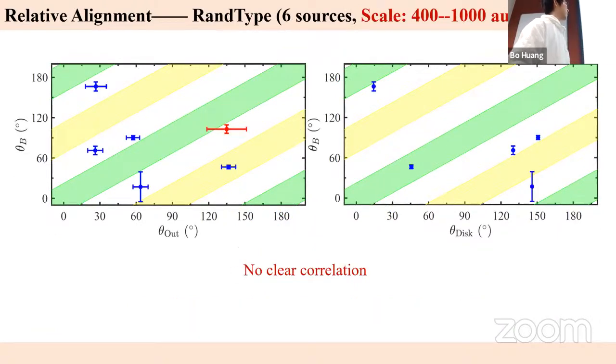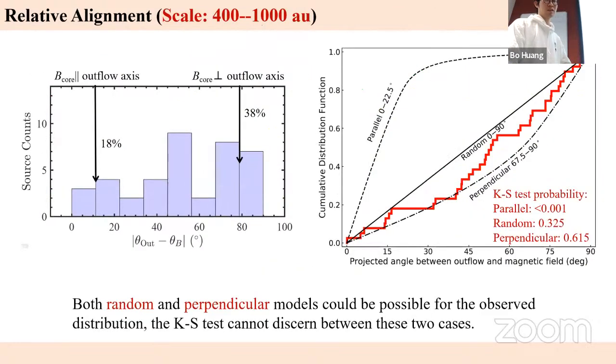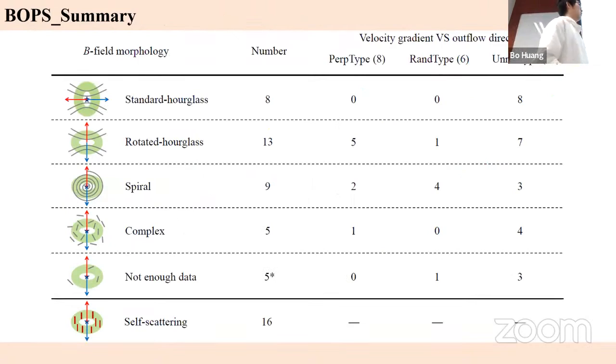But for the RandType, we do not see any correlation. And here the velocity gradient is strong enough, because we have calculated the absolute velocity gradient. In the rotated hourglass case, the magnetic field is along the velocity gradient direction, while the spiral is not. Can I answer your question?